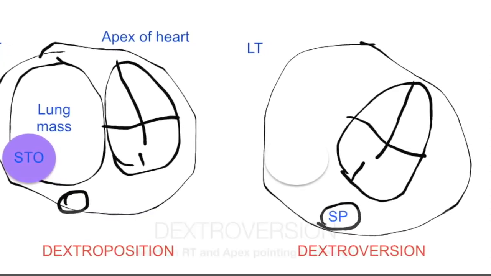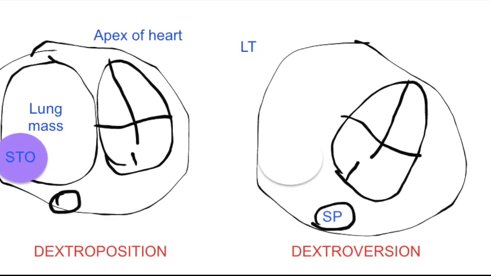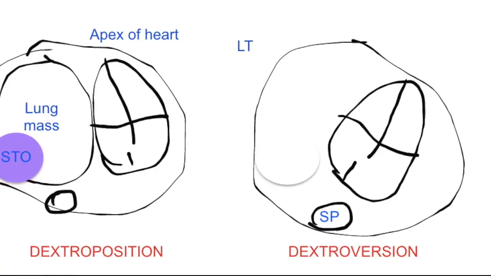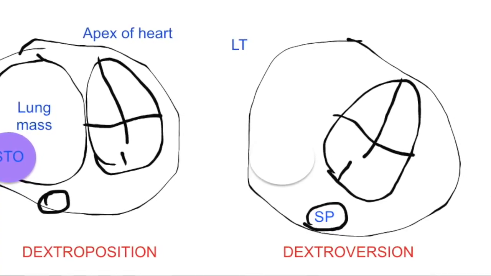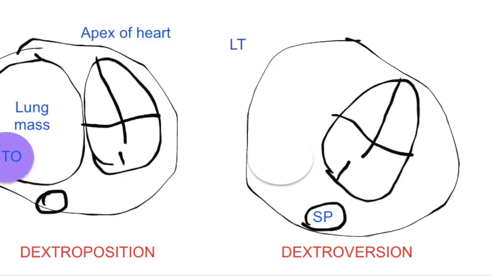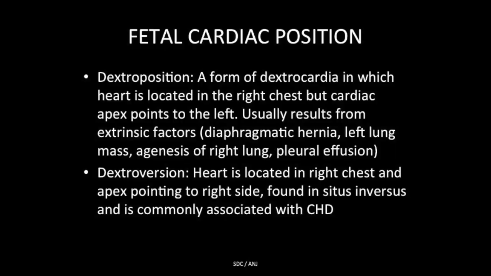And dextroversion is when the heart is located in the right chest, but the apex is also pointing to the right side. So this is the true situs inversus, and this may be associated with congenital heart defects. But the dextroposition, when the heart is in the right hemithorax but the apex is pointing to the left, is usually associated with extrinsic factors and not heart defects per se.